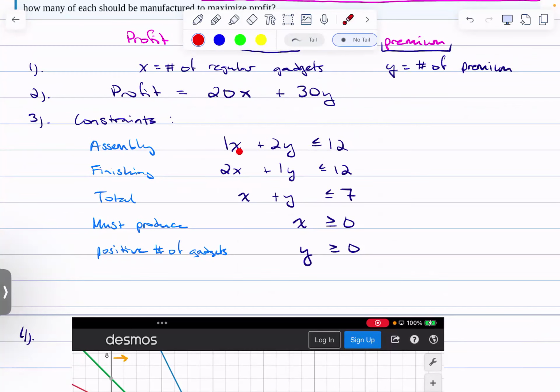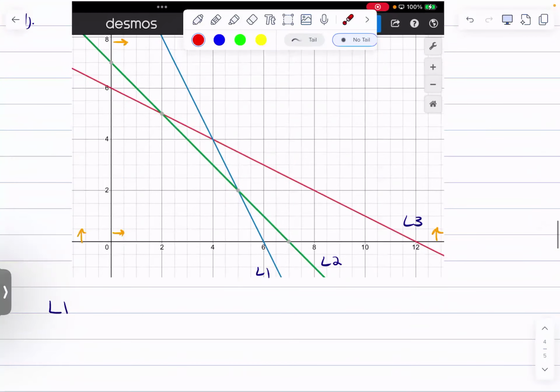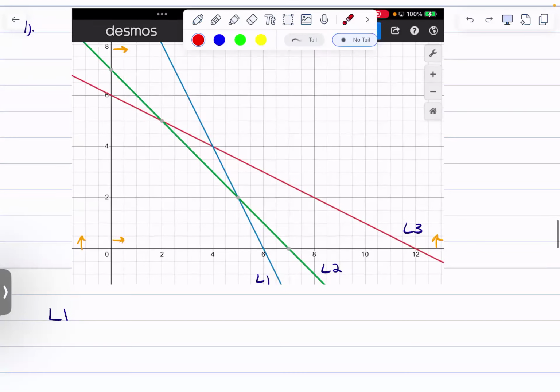But the line where x plus 2y is equal to 12, right? If I pick some points on this line, let's pick some obvious points. Oh, sorry, I'm doing this blue line first. I see that it goes through (6, 0).